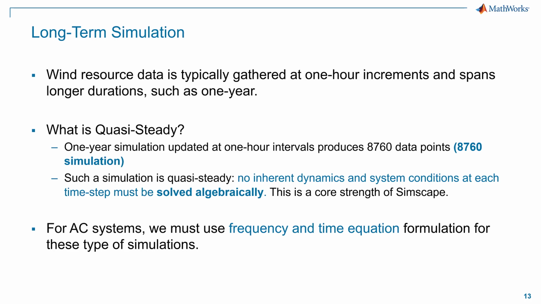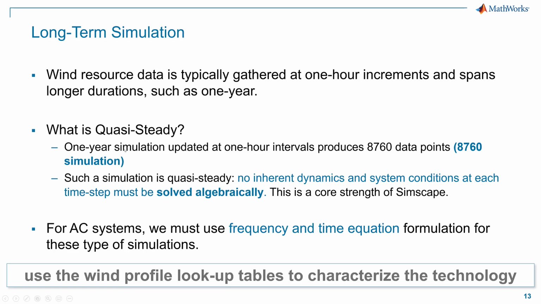So next, let's go to the demo and let's see how we transfer the model we just explored to a quasi-steady model for a faster and a longer simulation. And the key point here is we do not explicitly model the wind turbine technology, but we will only use the wind profile lookup table to build the model. Okay?